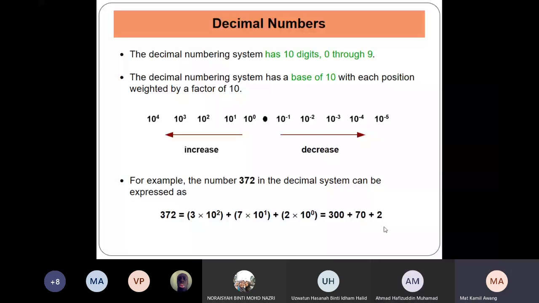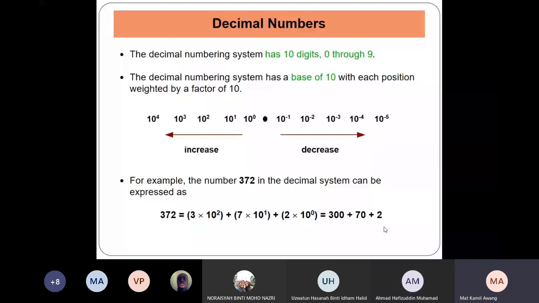If the number is at the second location, which is at 10 to the power of 1, it becomes 10, 20, 30, 40, 50, 60, 70, 80, and 90, right?